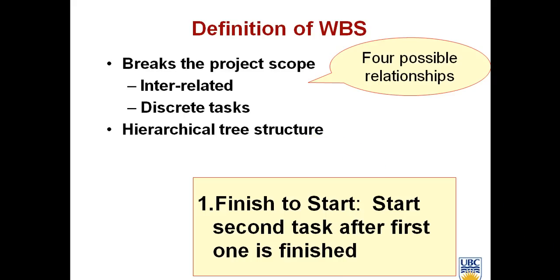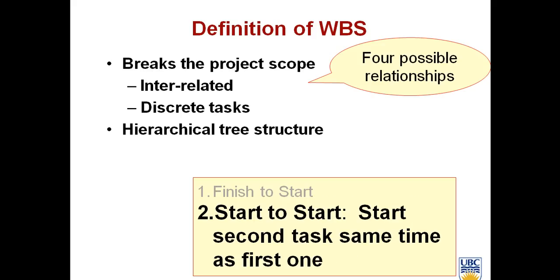That means one task cannot start unless another task is finished. For example, if you are constructing a building, first you have to finish the foundation, and then you build the walls as well as the roof and other components. Without the foundation, you cannot start building the walls.